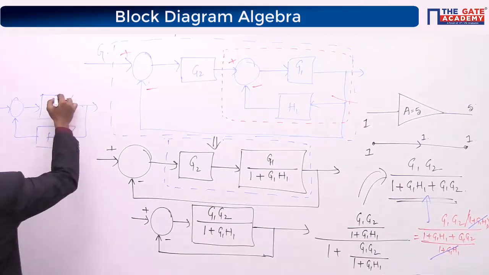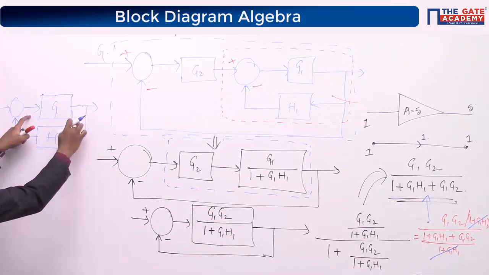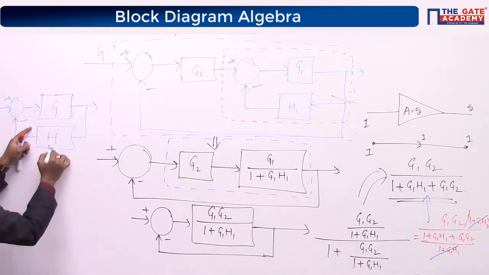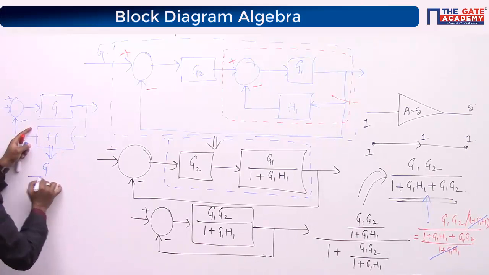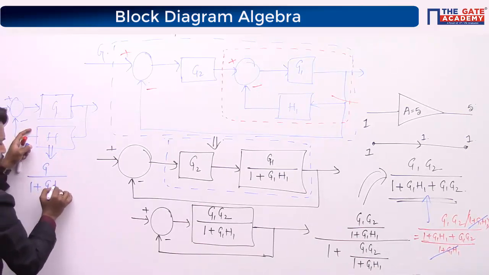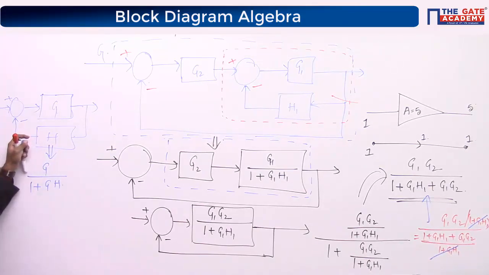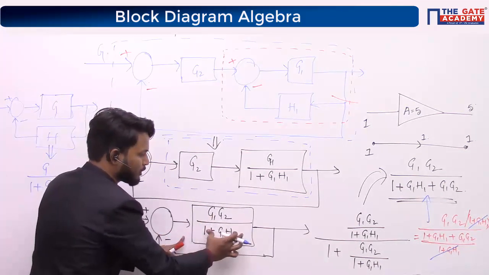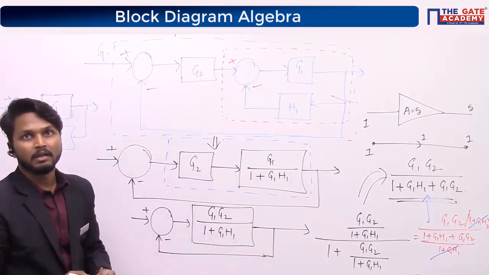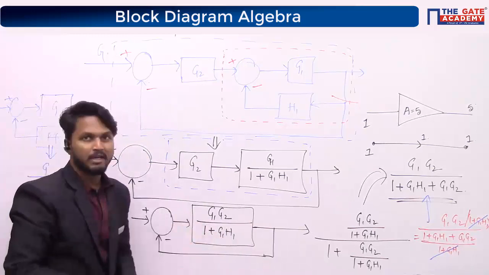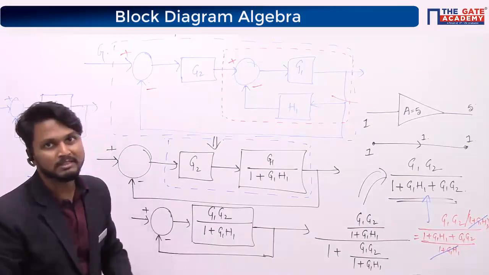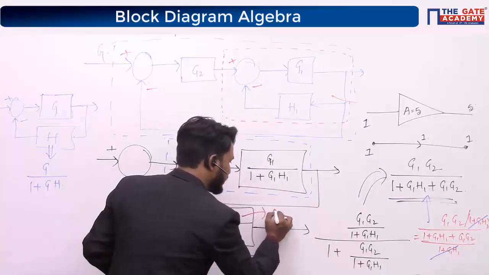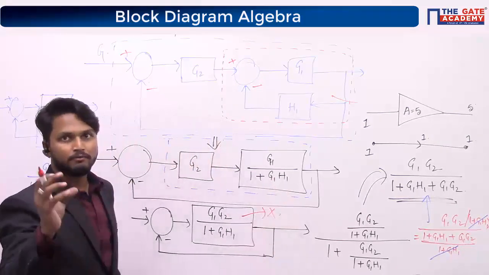So what is the overall transfer function of this? We have already discussed. Overall transfer function of this is G of S upon 1 plus G of S H of S, right? So in the place of G of S we have G1 G2 by 1 plus G1 H1. Let us call it X, for your convenience.